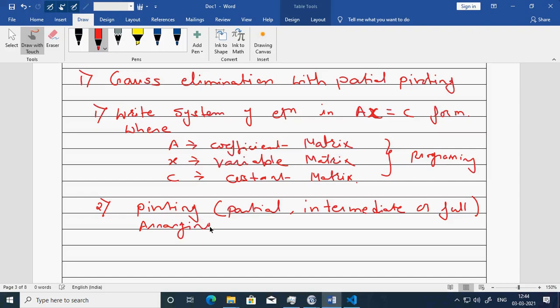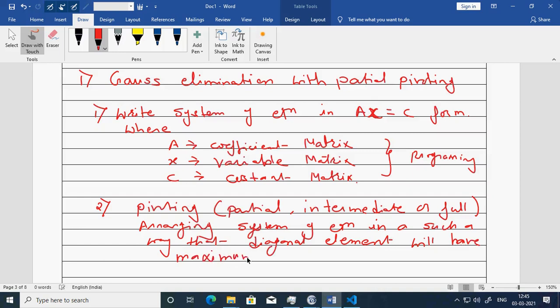It is like arranging the system of equations in such a way that the diagonal element will have maximum absolute value.